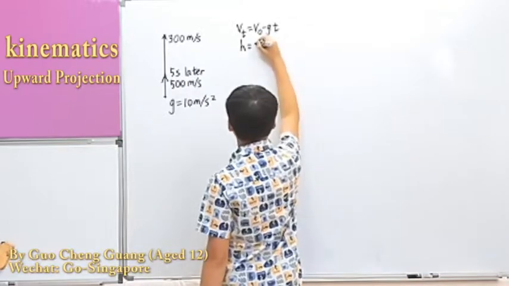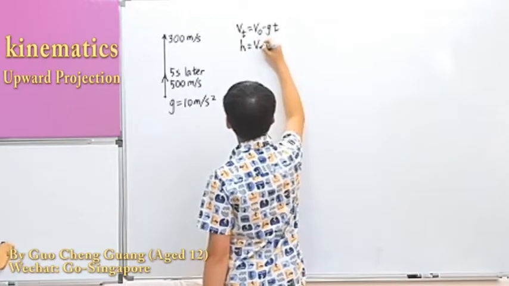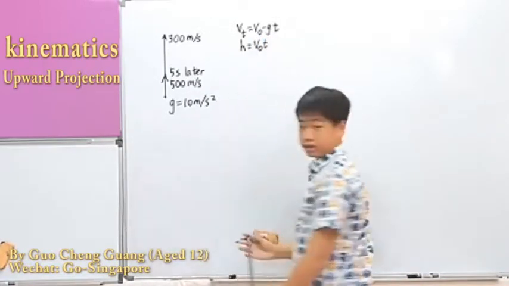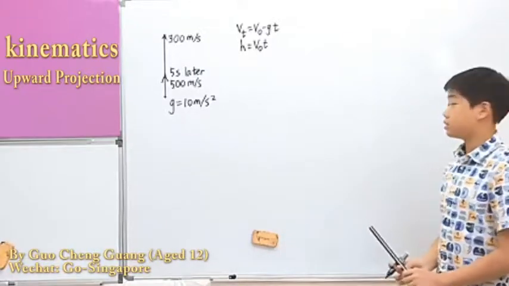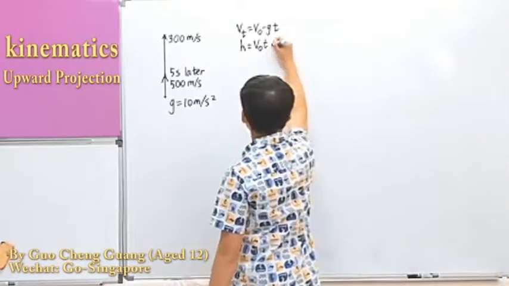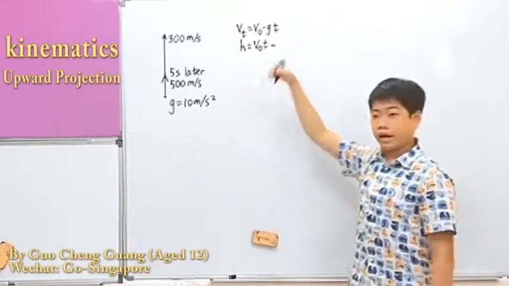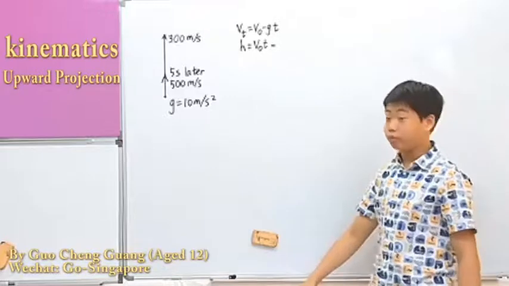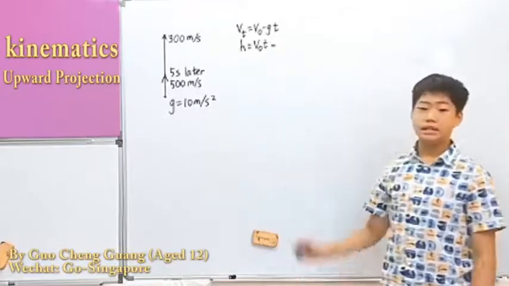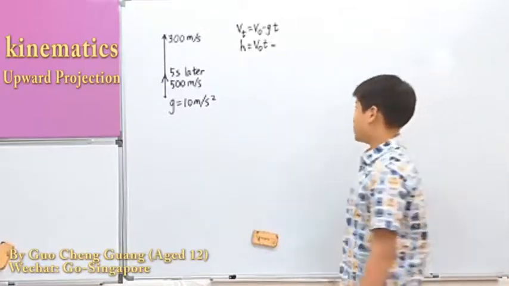For this part, it's the initial velocity times the time. But beware, because it's going upwards and gravity is pulling it down, this part will be a negative.